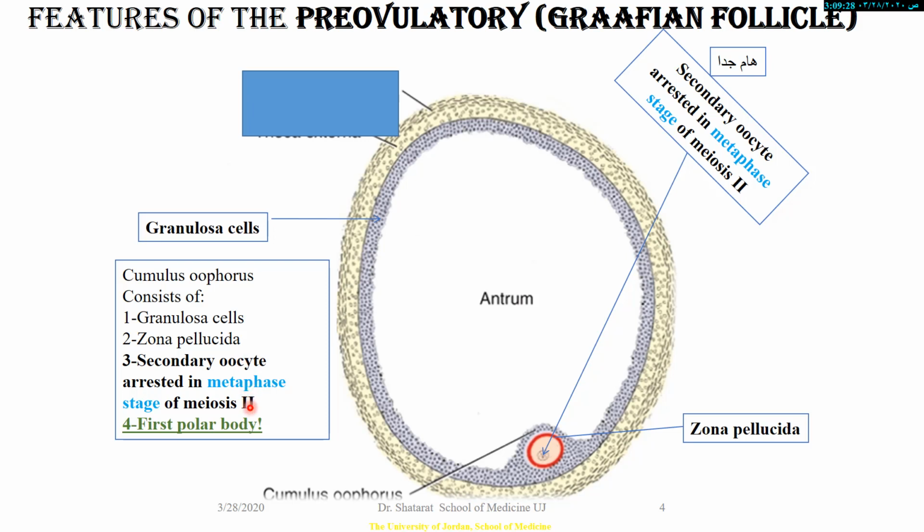meiosis 2. So you have to understand that we have started with primordial follicle. What was inside it? Primary oocyte that have initiated meiosis 1, and it was arrested in diplotene stage. Then it took us a long time during the menstrual cycle from primordial to become primary, secondary, and tertiary.